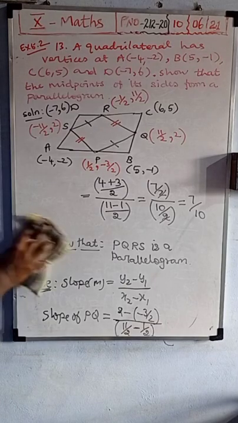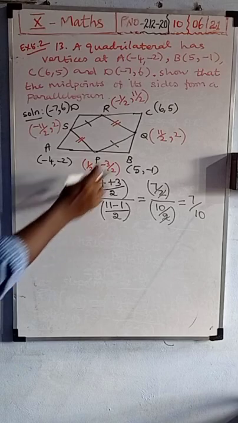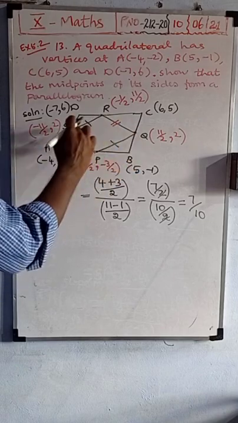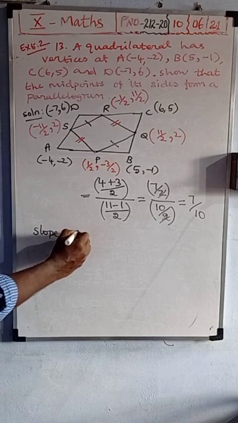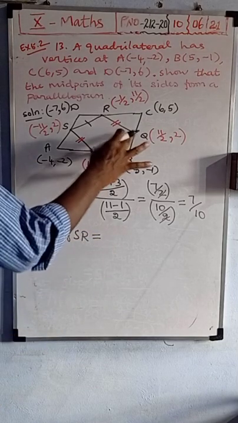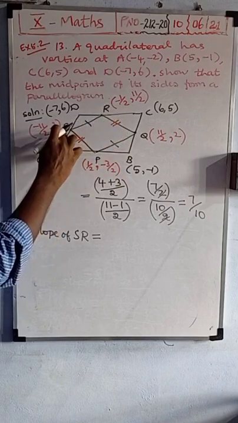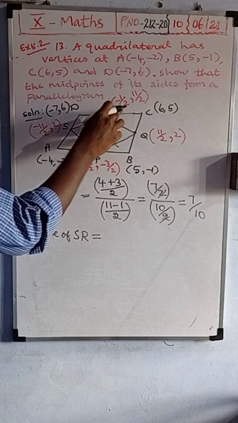Next, we want to find the slope of SR. So PQ and SR. Now S point is (x1, y1) and R point is (x2, y2).